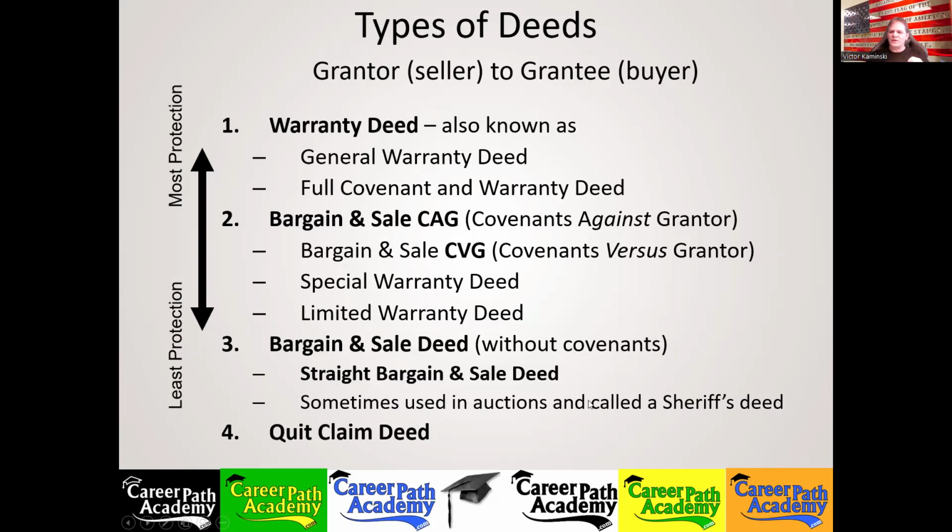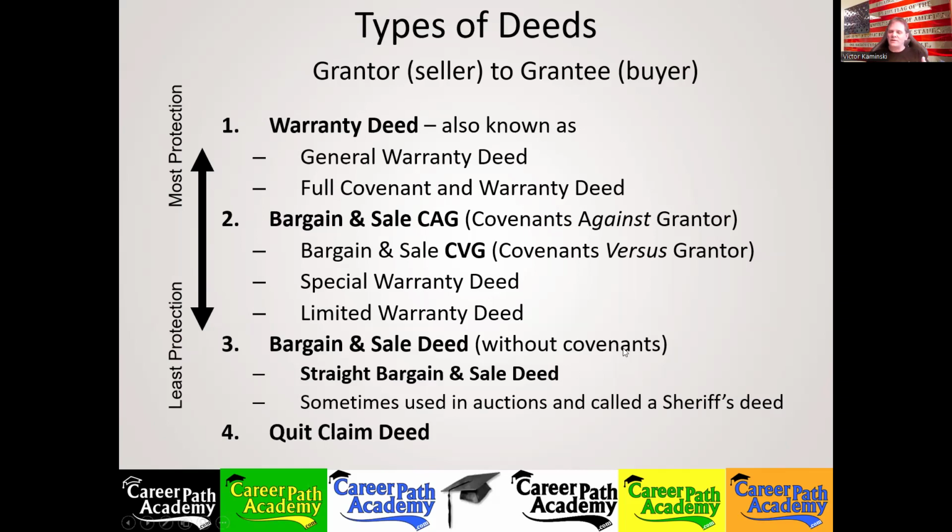They're sometimes used in auctions called the sheriff's deed. So the sheriff's deed is just a straight bargain and sale deed. There's no covenants. The sheriff's department, when they have these auctions, they just say, we have the legal right to sell the property. We're not guaranteeing the quality of the title, that there's no other liens or encumbrances on the property.